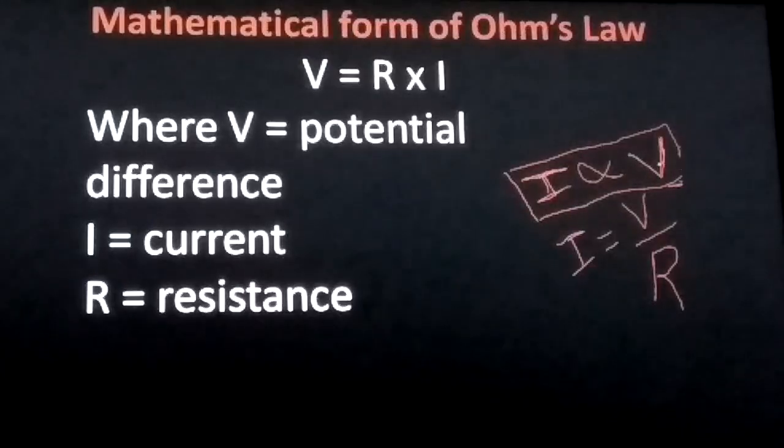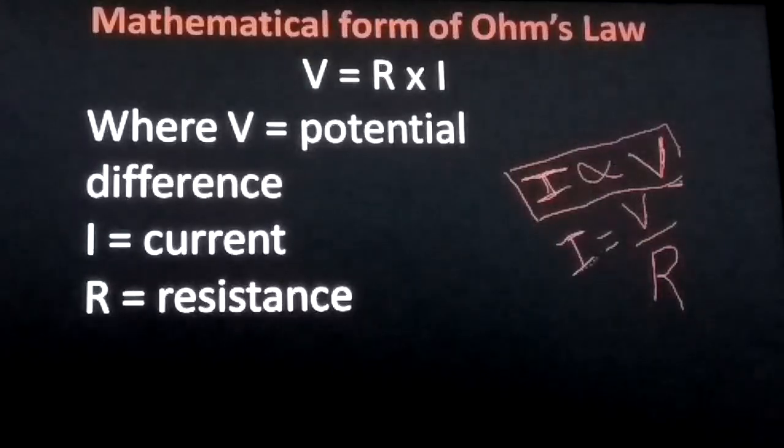If the voltage increases, current also increases, or if the voltage decreases, then the current also decreases. We can call it either voltage or the potential difference. If you remove the proportionality symbol, we will get a constant. That constant is R. Therefore, after removing this, it will be I equals V by R.